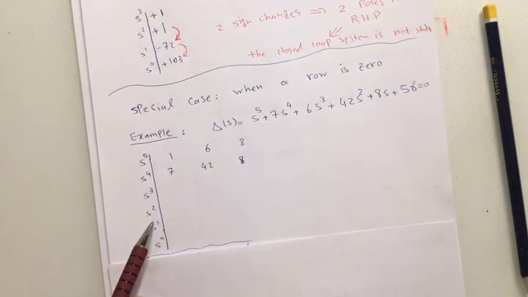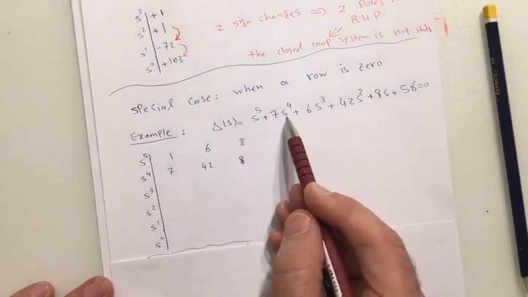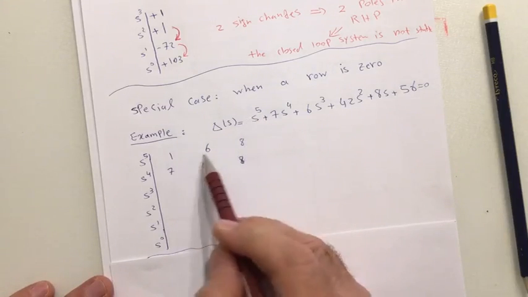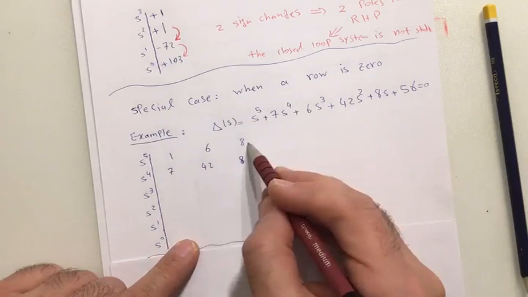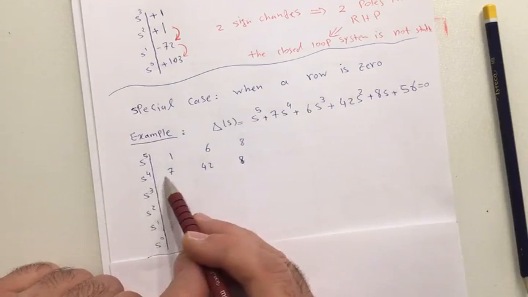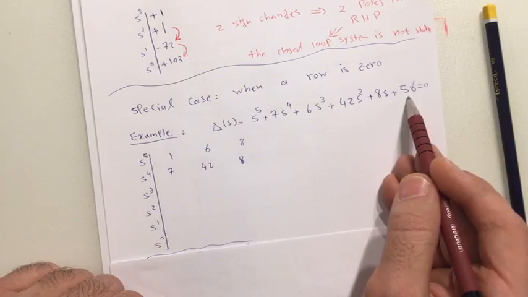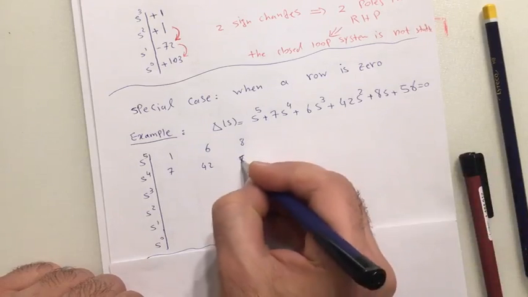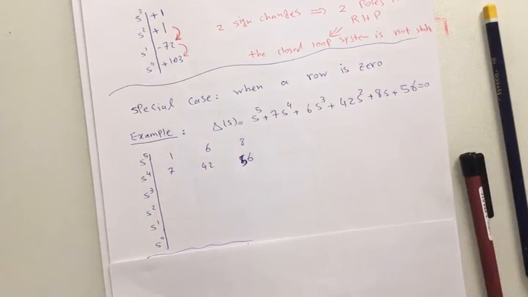So s4, 3, 2, 1, 0. In the first row, we have the coefficients of the polynomial starting from the coefficient of s5 and every other coefficient. So it would be 1, and then 6, and then 8. For the next row, we start from s4, then we have 7, 42, 56. Yes, this one should be 56. Okay, this is what we have for the first two rows.